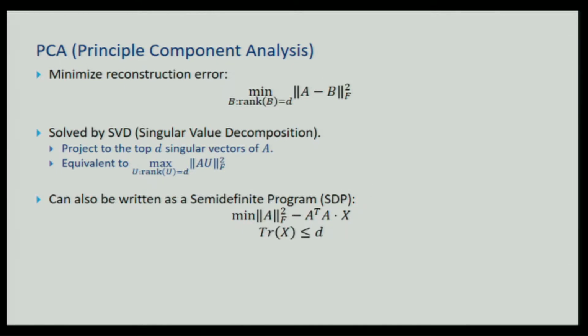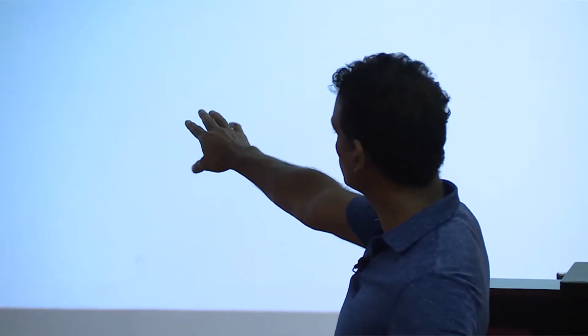And then x will be constrained in two ways. First, since I want a d-dimensional approximation, I will say the trace is at most d. And then it's a semi-definite matrix with eigenvalues between 0 and 1, right? Because ultimately we want x to be a projection matrix of rank d, so eigenvalues 0 and 1 and exactly d ones.